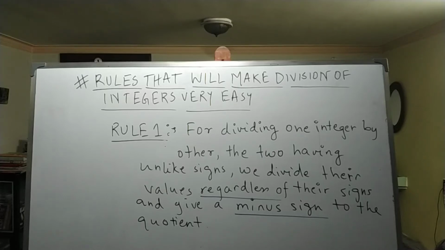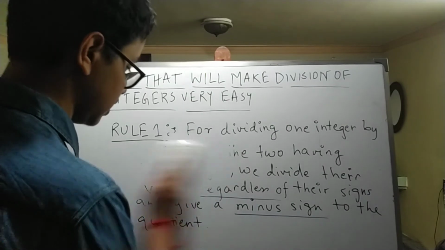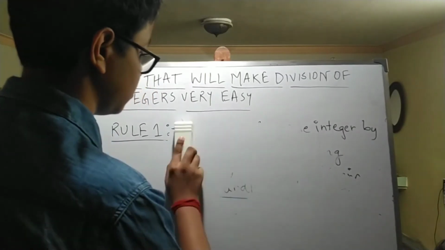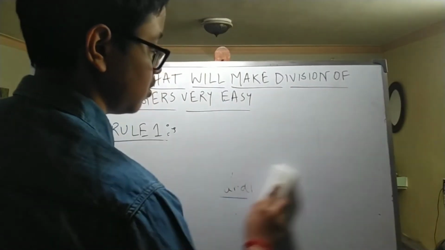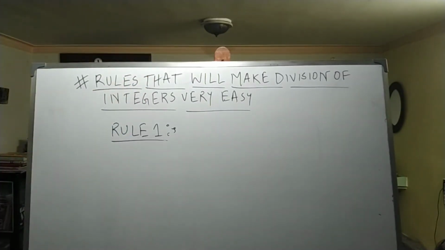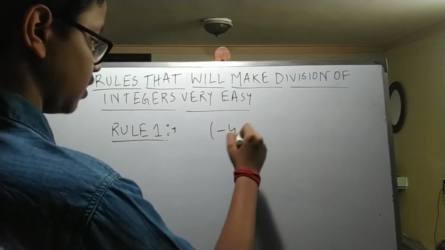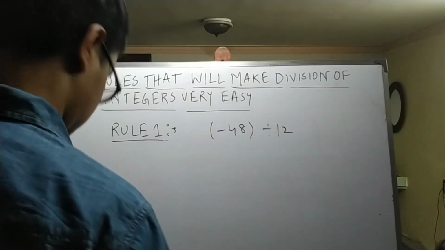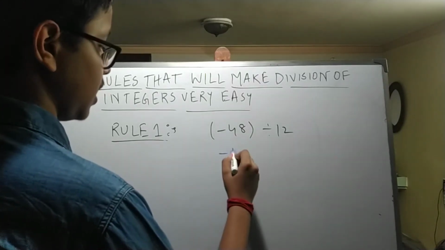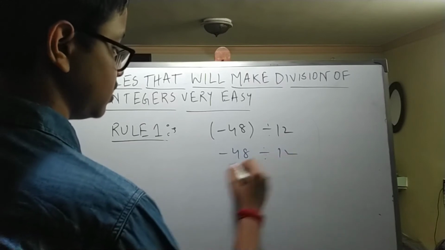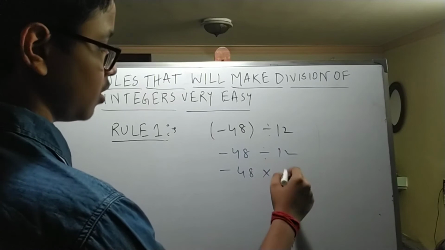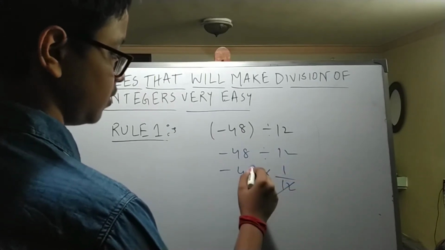So I will give you one example. That is minus 48 divided by 12. So here minus 48 divided by 12 means minus 48 into, if we multiply it will be the reciprocal, so 1 by 12, then it will be 12/4.